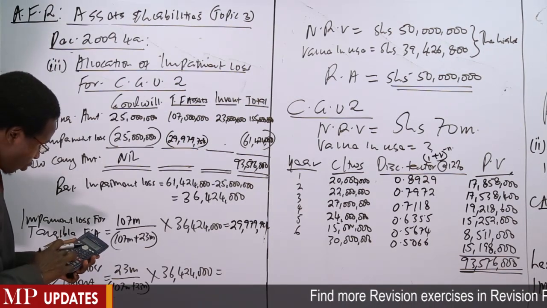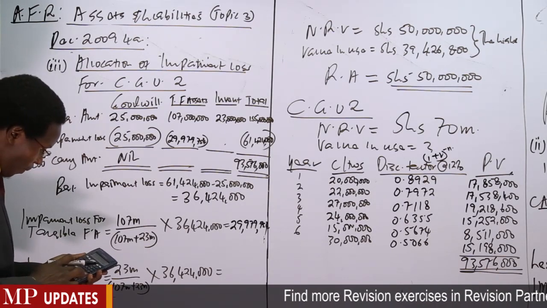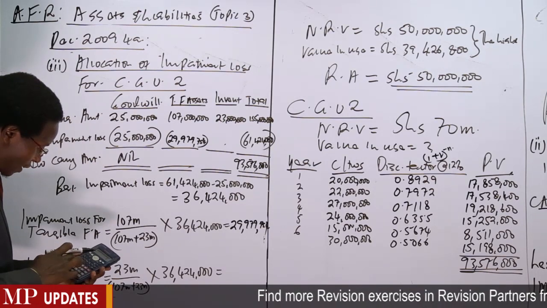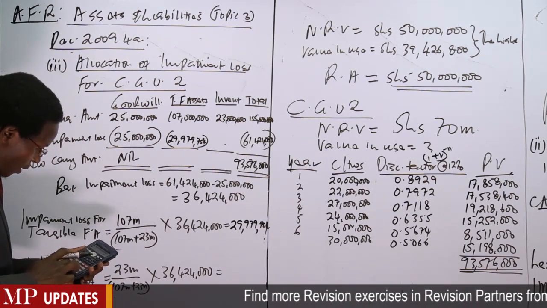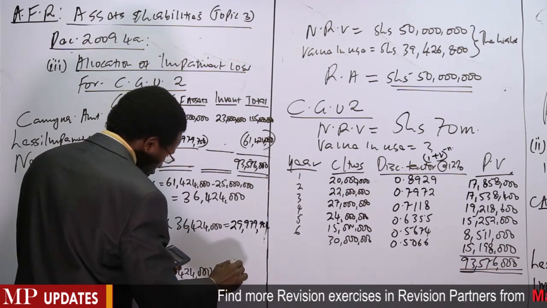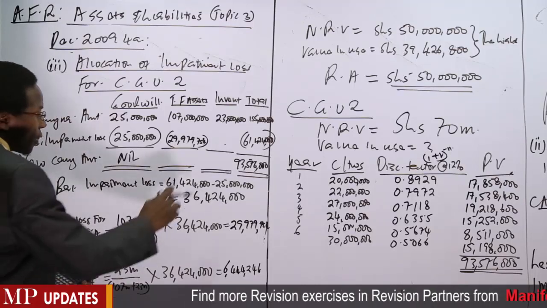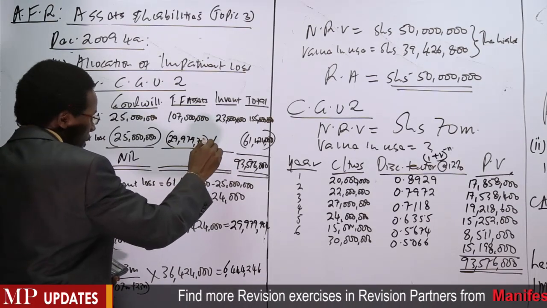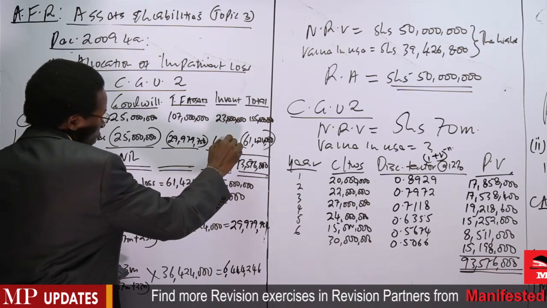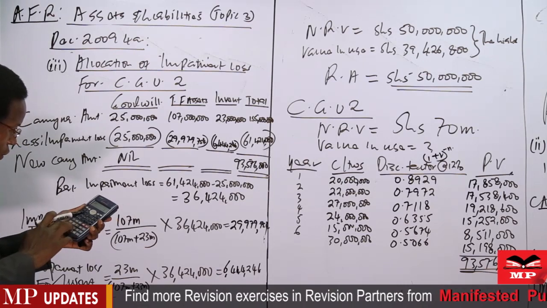Then you also say 23 divided by the 107 plus the 23, then you multiply by that 36,424,000, and that one you get 6,444,246. So that means here will be 6,444,246.